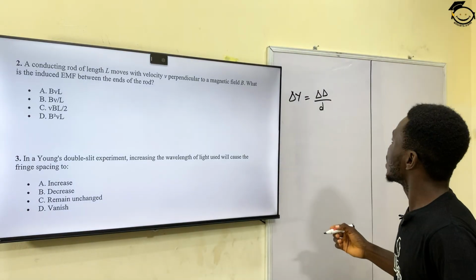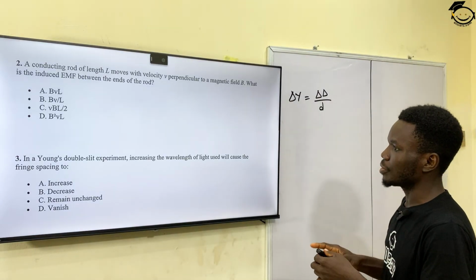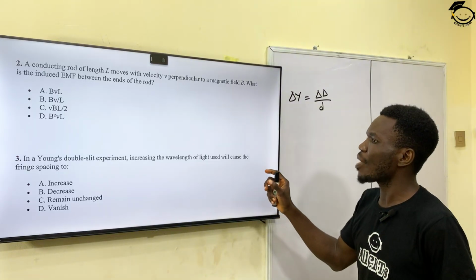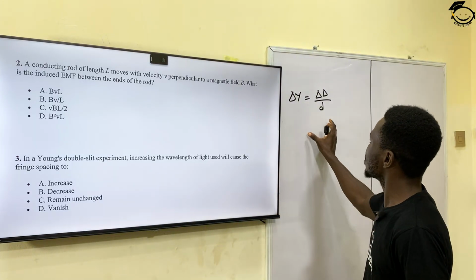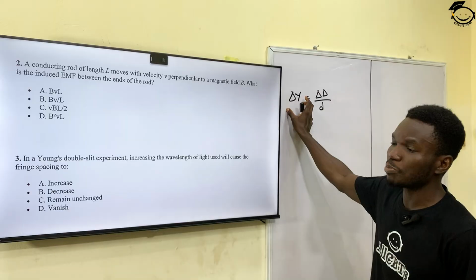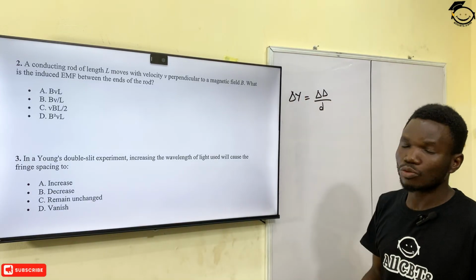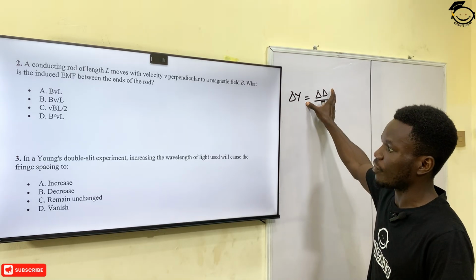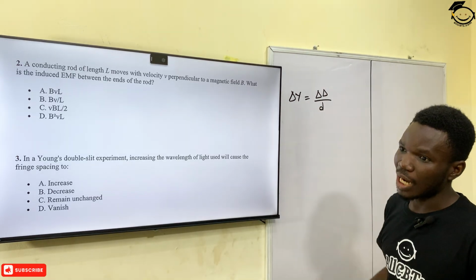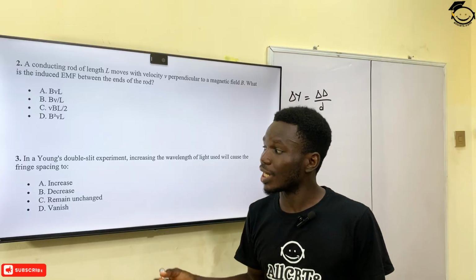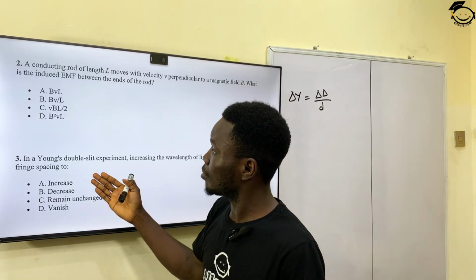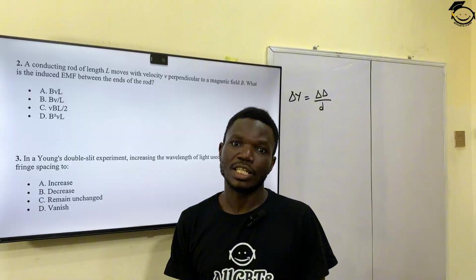What does this mean? It simply means that an increase in the wavelength will lead to an increase in the fringe spacing, because the fringe spacing is directly proportional to the wavelength. Because they are directly proportional, an increase in one will lead to an increase in the other, which means that for question number 3, the correct answer is A.